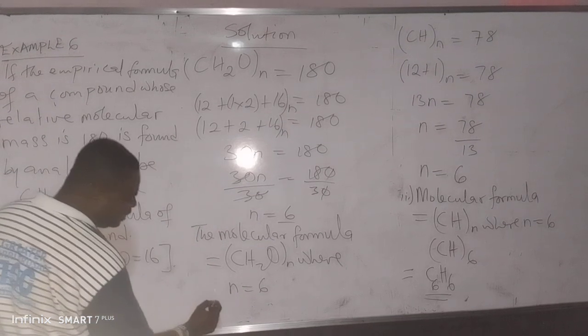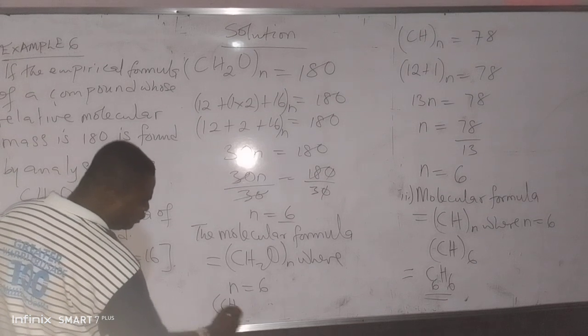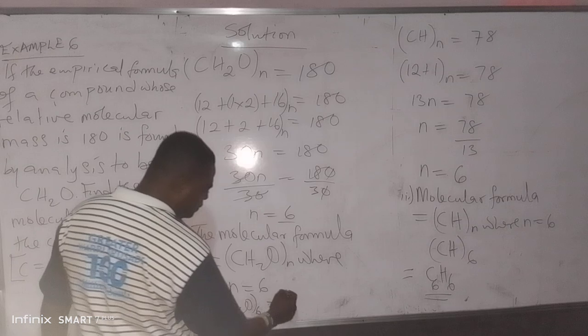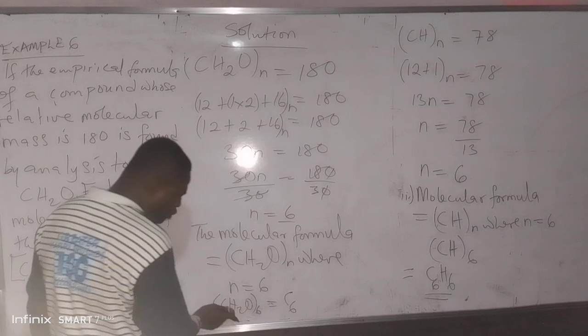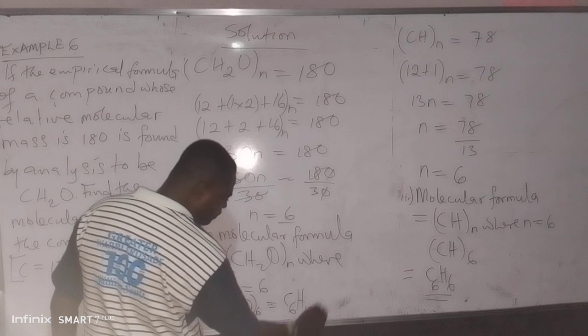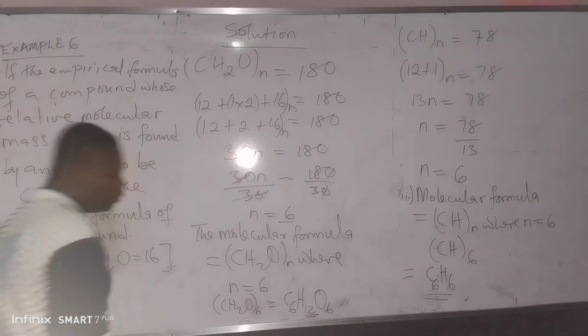So the molecular formula will be (CH2O)6, which is the same thing as C6, H 2 times 6, 12, O6. Finish. So we are done with that.